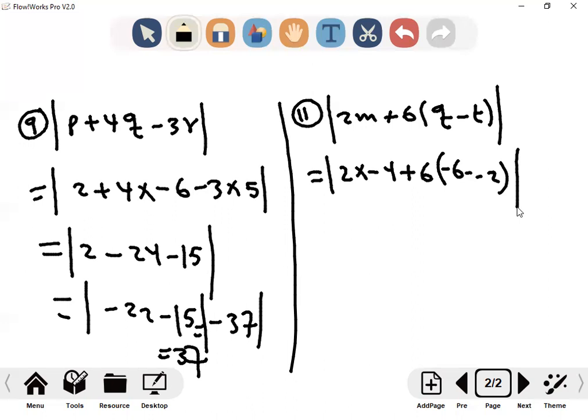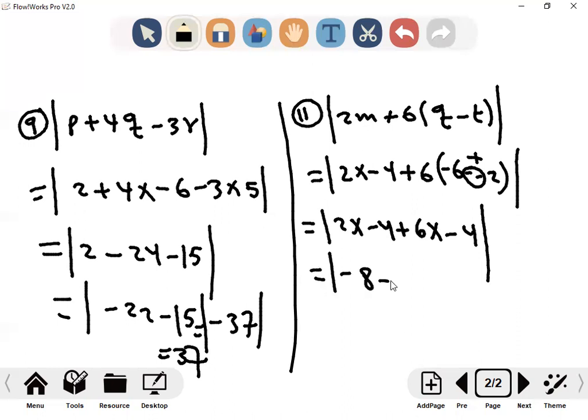Don't mix them up. These are things that students often get confused about. Let's go: this is equal to first, 2 times -4, plus the bracket: -6 plus what? Plus 2, right? Negative 6 plus 2 is minus 4, right? This is equal to multiplying here and here: negative 8, negative 24. This is equal to negative 32, which means 32.